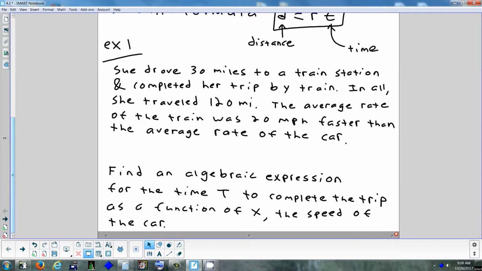In other words, I want to come up with a formula so that if you tell me how fast she was driving in the car, I plug that number in, and it will automatically tell me how long it took her to complete the trip, taking into account all this information. So what we'll do is start with the big picture idea, and then we'll worry about translating our idea into symbols and an equation.